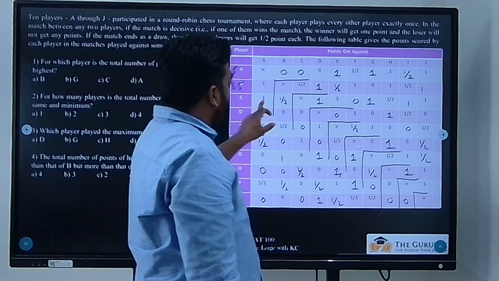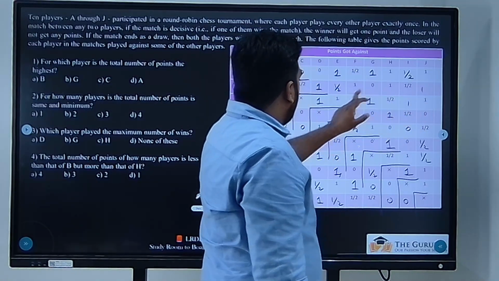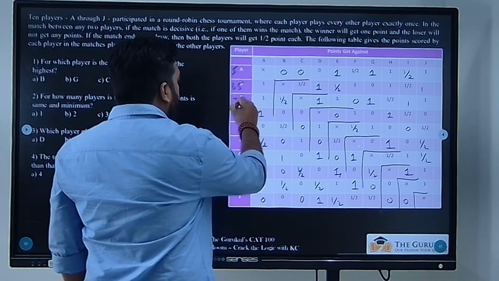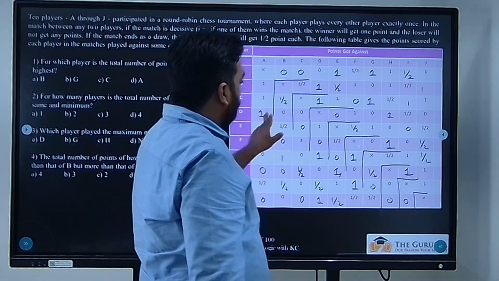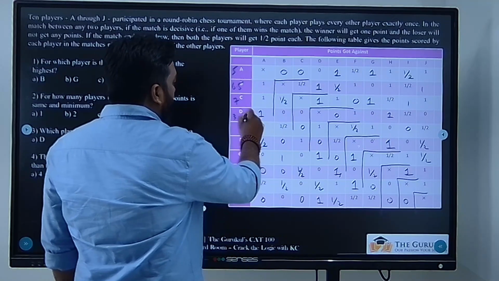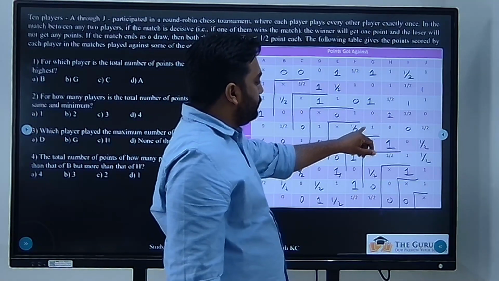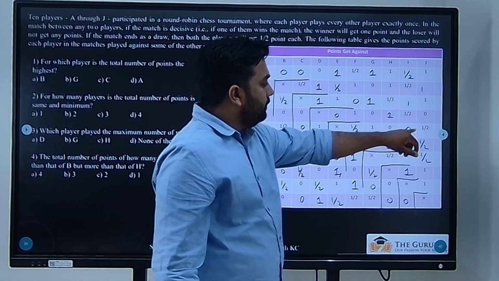Now for C. 1, 2, 3, 4, 5, 6. Plus half and half. This is 7. 1, 2, 3.5. 3.5. Now 0.5, 1.5, 2, 2.5, 3.5.